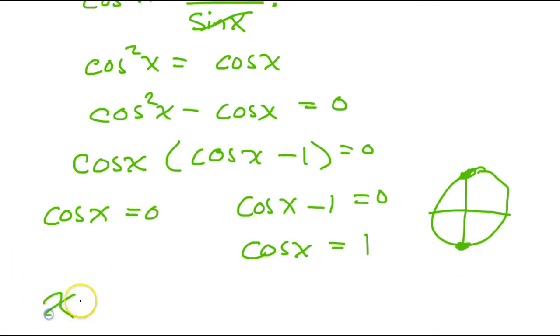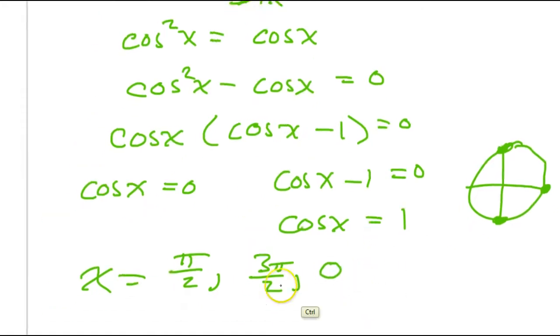So far that gives me x is equal to pi over 2 and 3 pi over 2. Now, in addition, I need to know where cosine is equal to 1. Well, x values are 1 over here to the right, and that is at 0. So these are the 3 solutions.